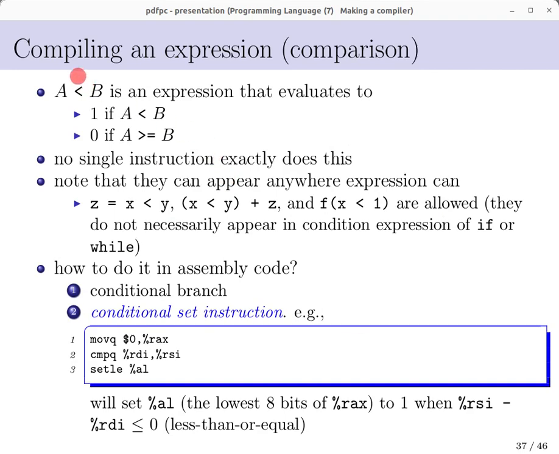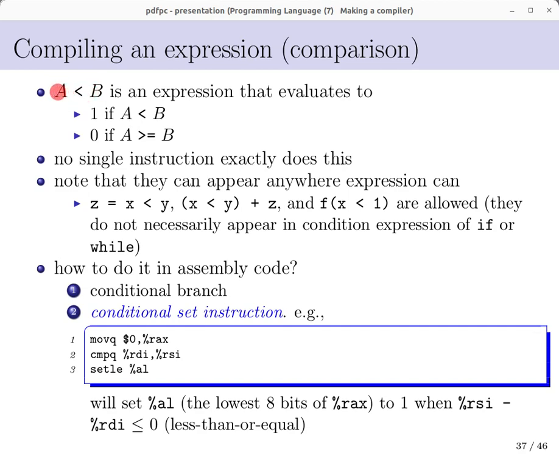So essentially the same, but slightly different in detail is how you can do the similar thing for a comparison expression, like A smaller than B. So this is somewhat different, primarily because there's no direct assembly instruction that does this exactly.